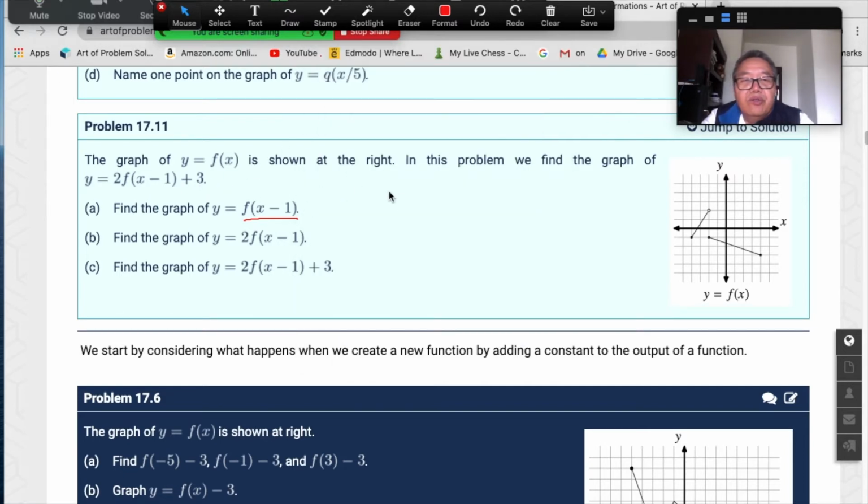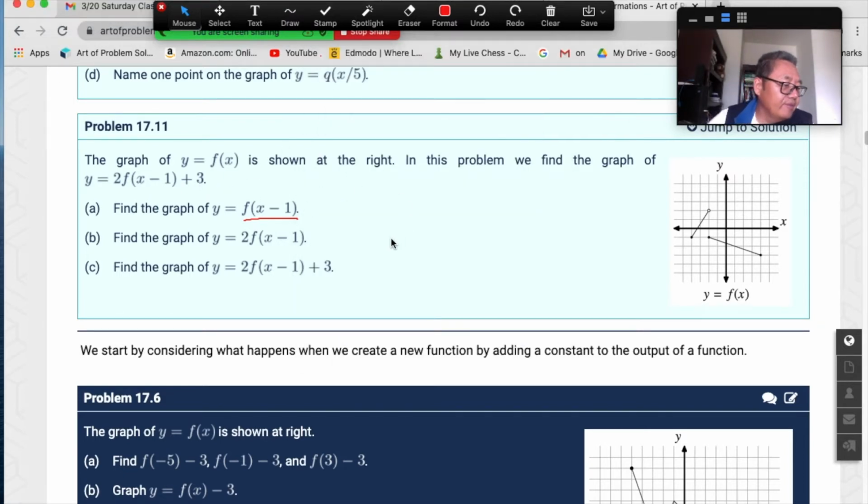We can just graph y equals x minus 1. How can we graph that? If we take the x value as 0, then the y value will be negative 1. If we take 1 as the value of x, then y will be 0. And then 2, and so on.